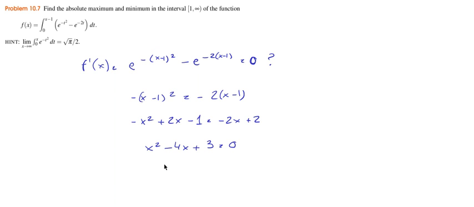And then we take the roots of this, so this is 4 plus or minus the square root of 16 minus 12, over 2. So 3 and 1 are the two possible roots, right? Now let's see what happens between 1 and 3, and then between 3 and infinity. There are two possibilities, right?